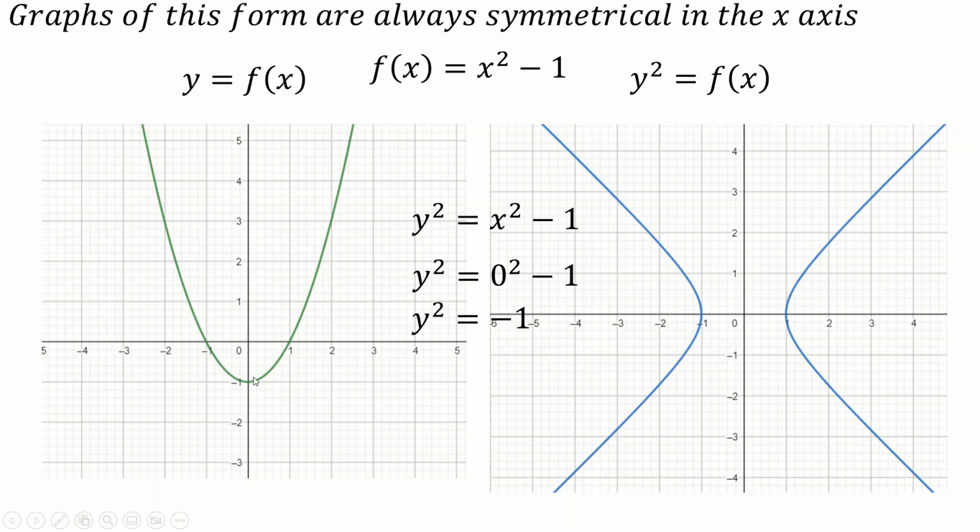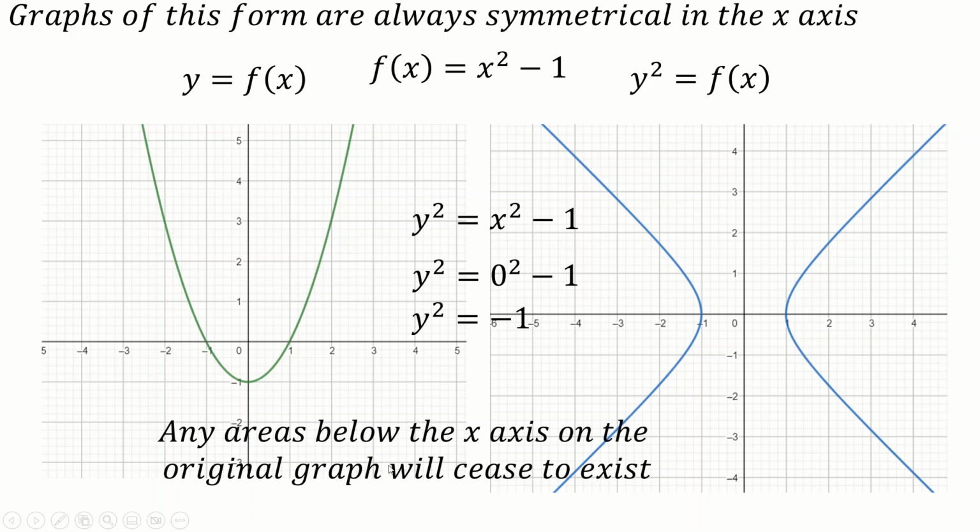So all of these values between 1 and minus 1 that give you a negative f of x output, they're all going to be missing because you can't have y squared equals negative. Right? So this is our second rule, is that if you plot the original graph, y equals the function, any area that's below the x-axis is just going to vanish. So that's quite cool as well.